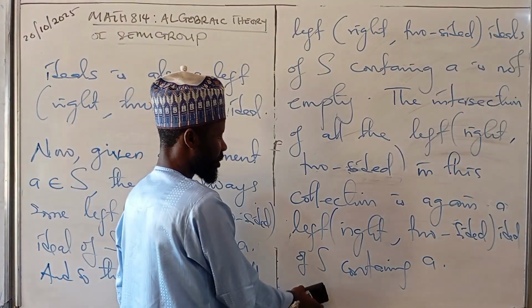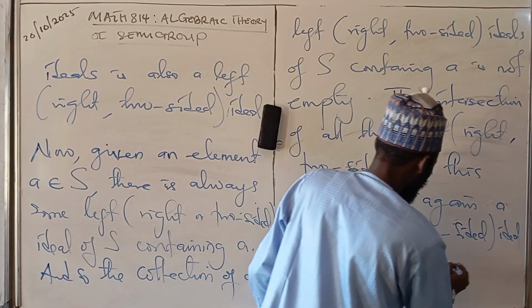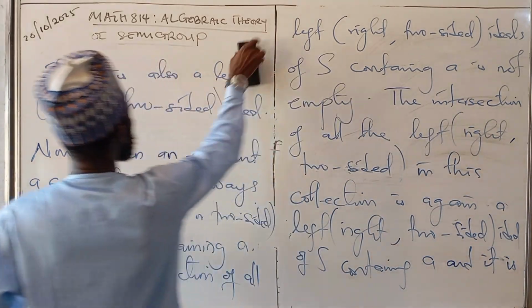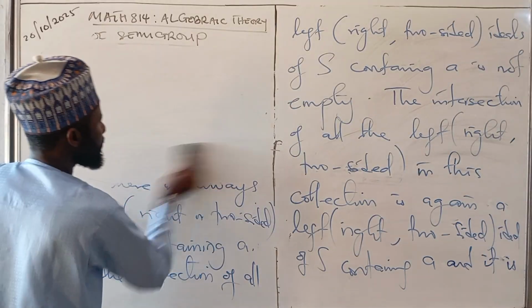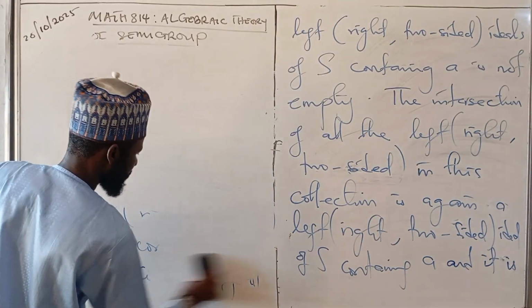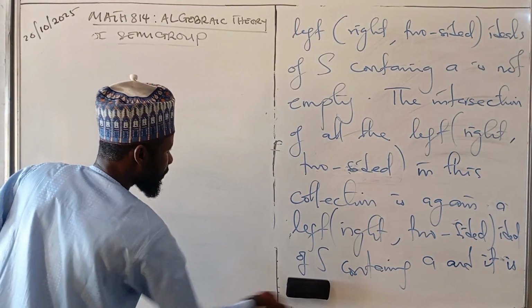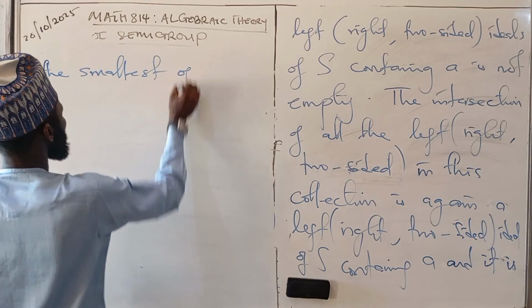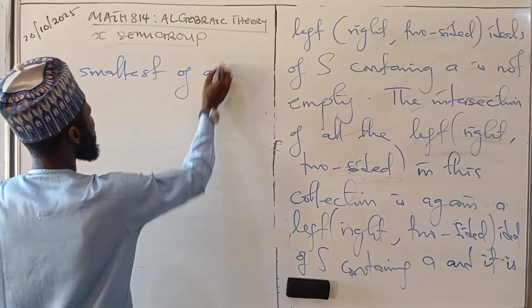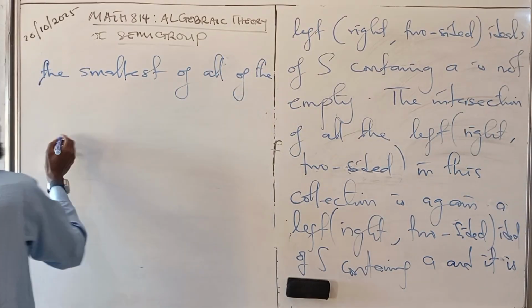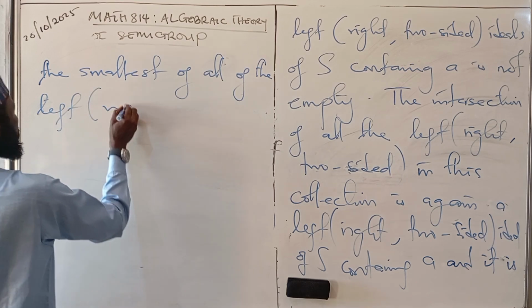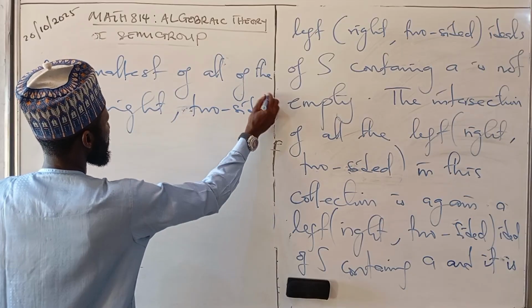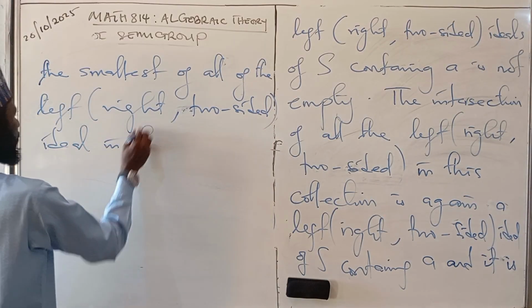So it is again an ideal containing A, and it is the smallest of all the left, right, or two-sided ideals in the collection.